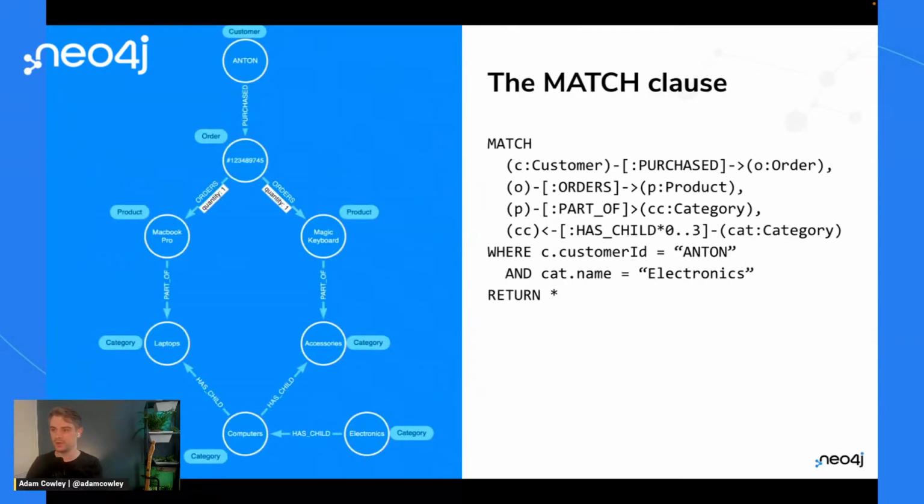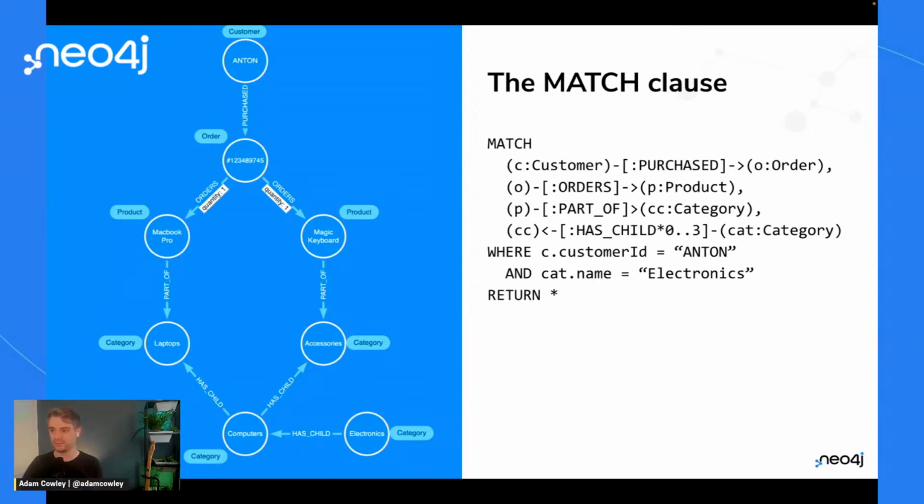And the way this works is when we define this pattern and we call the match clause, what Neo4j will do is analyze this query, and it will work out a starting point or some anchor nodes to start this query.